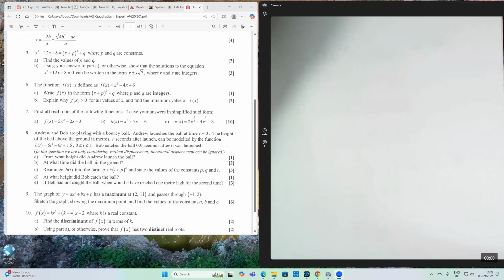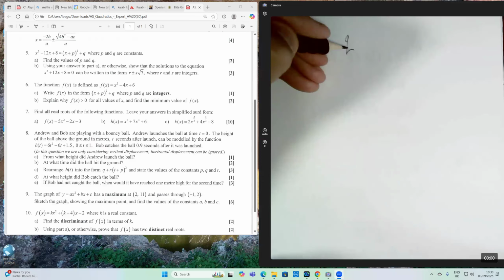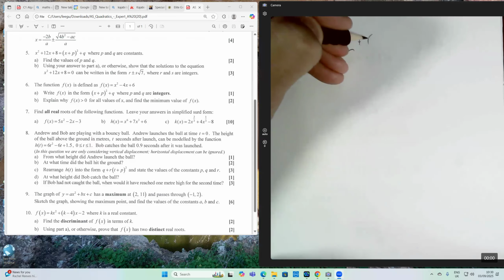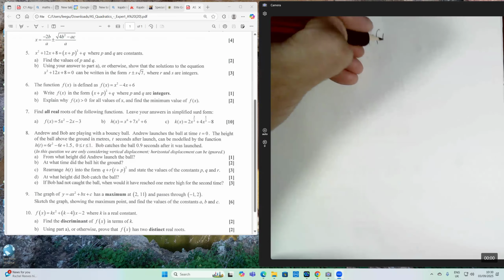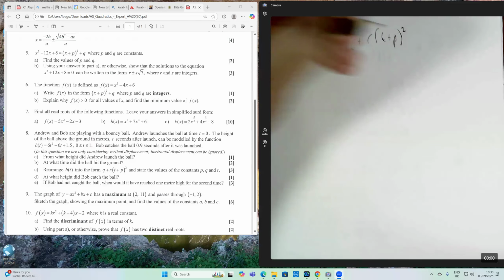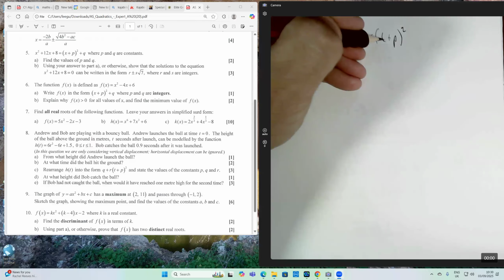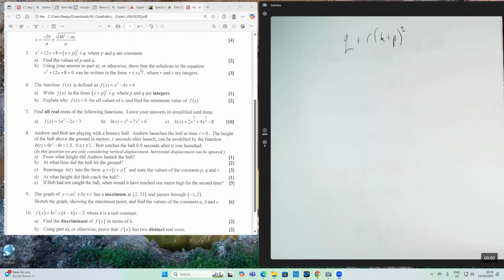Now they're particularly fond of this at A-level. I have seen them start to introduce this at GCSE as well. Just recently, in the 1 or 2 papers, they've been changing the way that the completing the square formula is represented, and that's what's happening here.